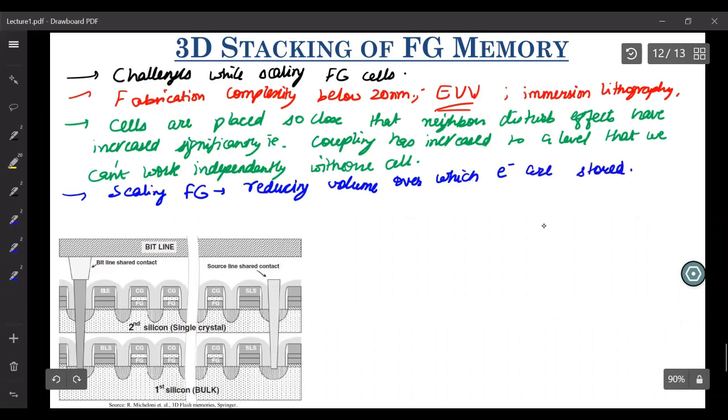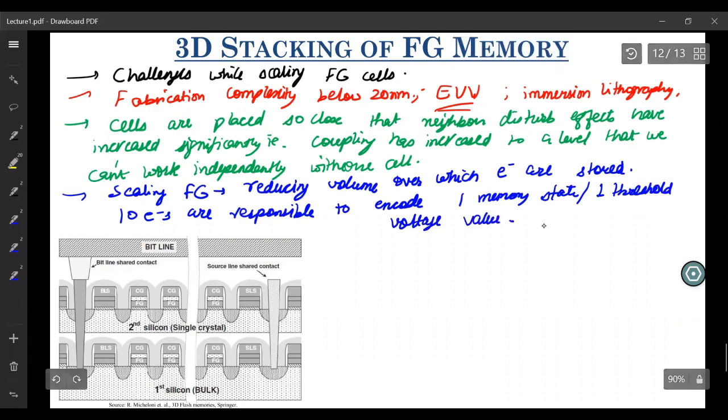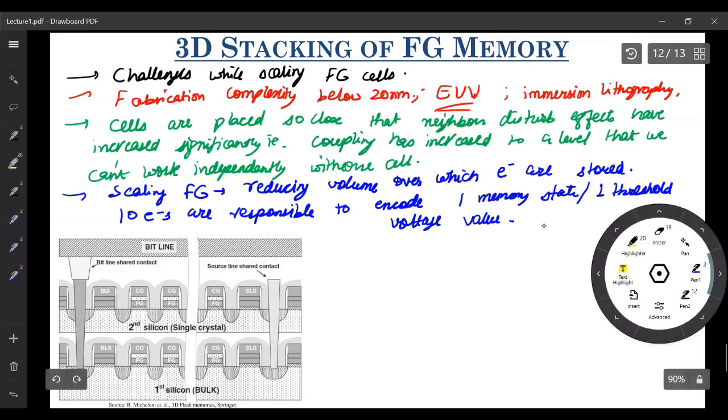And nowadays, even in your 20 nanometer technology node floating gate cells, almost 10 electrons are responsible to encode one memory state or one threshold voltage value. So if only 10 electrons encode one threshold voltage value, loss of even 5 electrons out of that will lead to incorrect operation, will lead to failure.